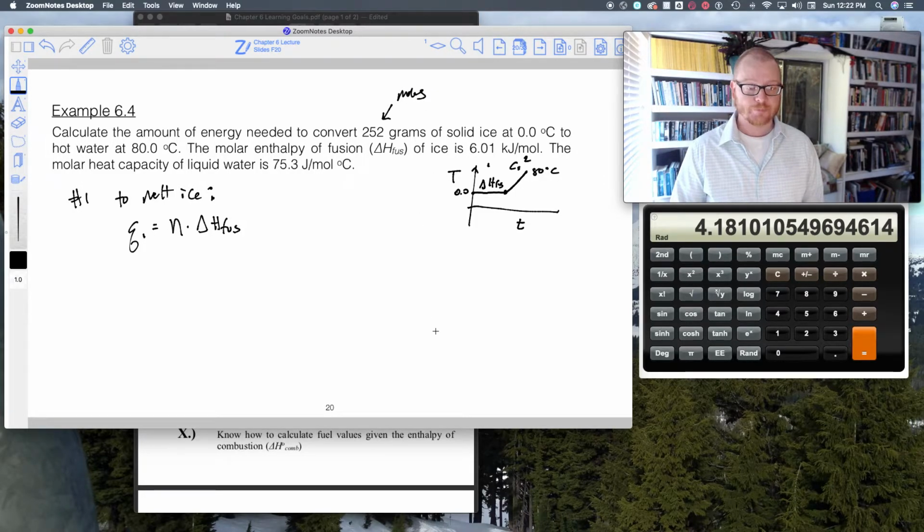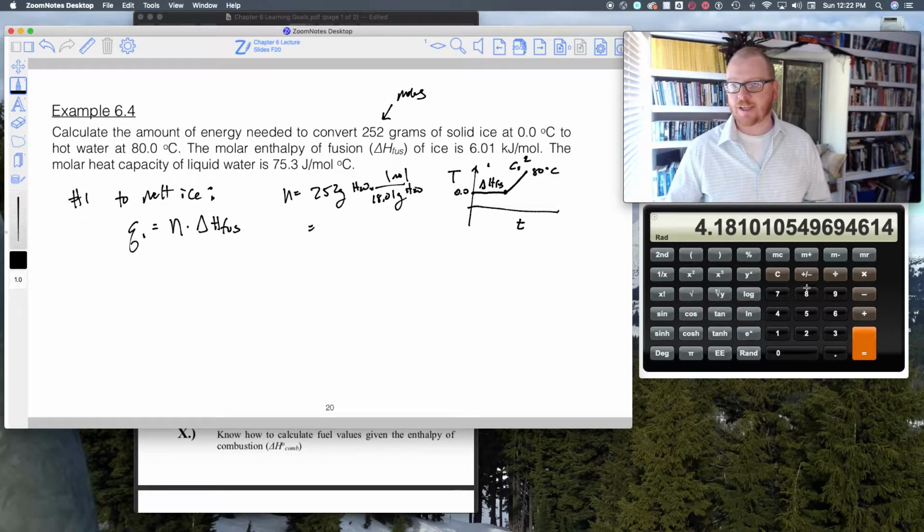So my n is going to be 252 grams of H2O, and I know there's 18.01 grams of H2O in 1 mole.